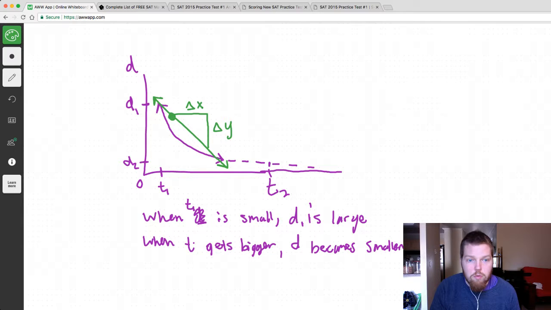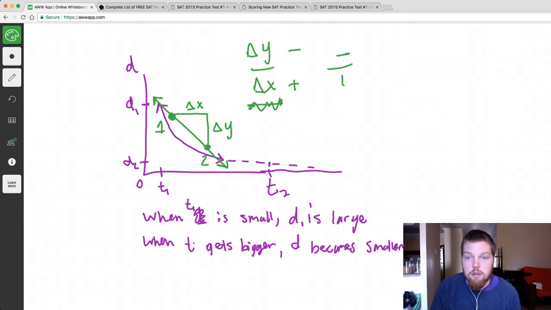To go from point 1 to point 2 here, the change in x is going to be positive, and the change in y is going to be negative. It goes down. So we have a negative number over a positive number, and that's going to give us a negative number, which is a negative slope and a negative association.